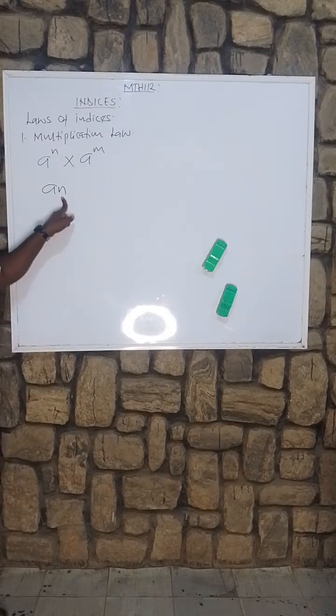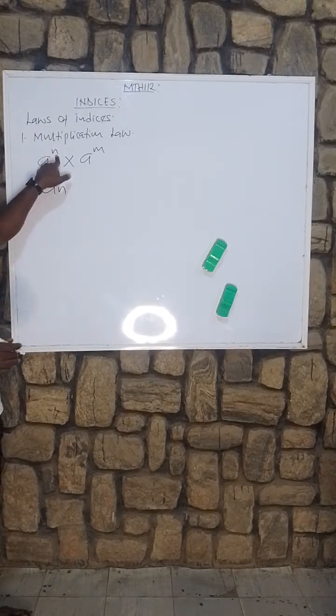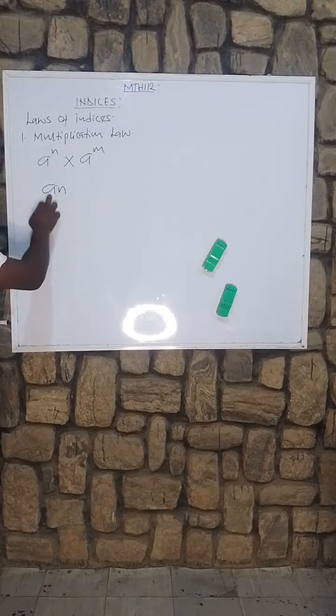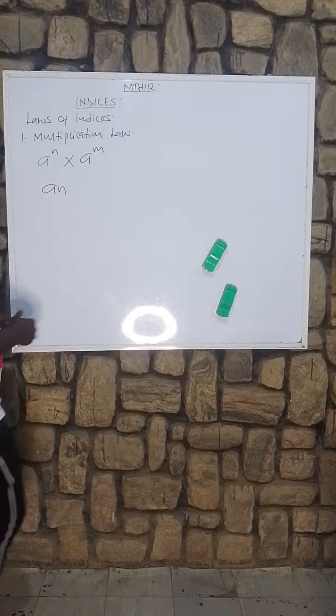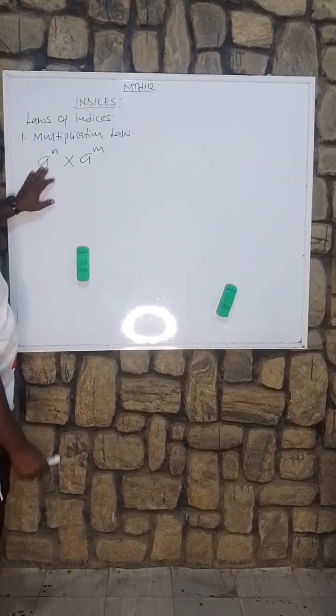I know some of you write an. This and this, they are not the same thing. This is an, while this is a raised to the power of n. Is that clear? Are you following? So don't write it in this form.